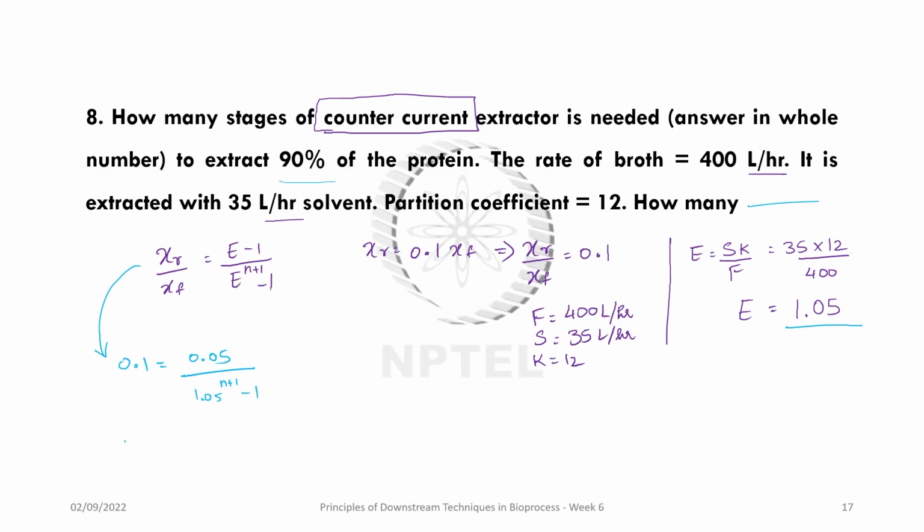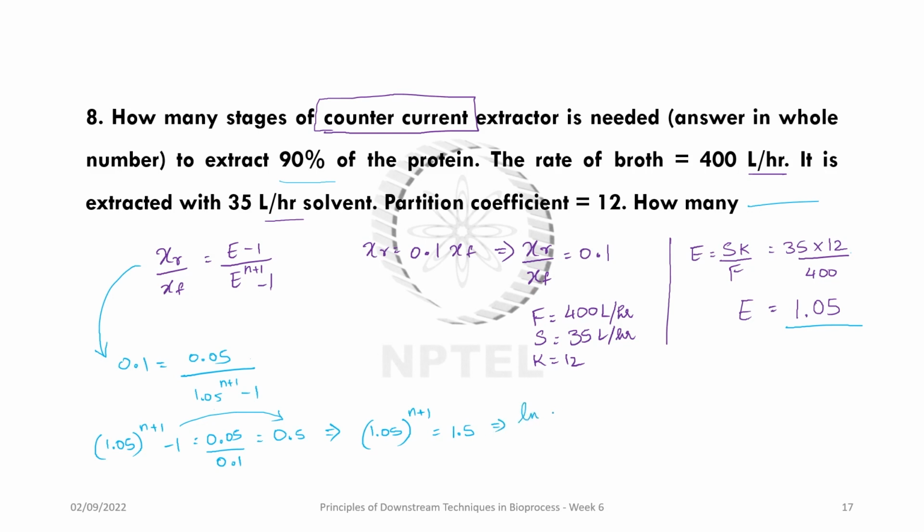So, continuing, 1.05 whole power n plus 1 minus 1 is equal to 0.05 divided by 0.1, which is equal to 0.5. So if I bring 1 to this side, what does that give? 1.05 whole power n plus 1 is equal to 1.5.